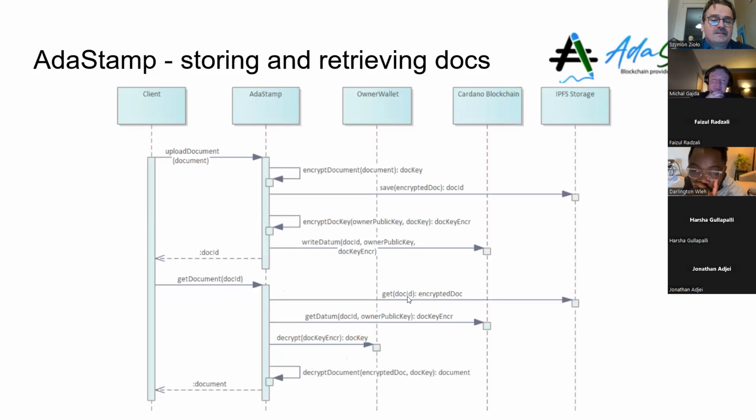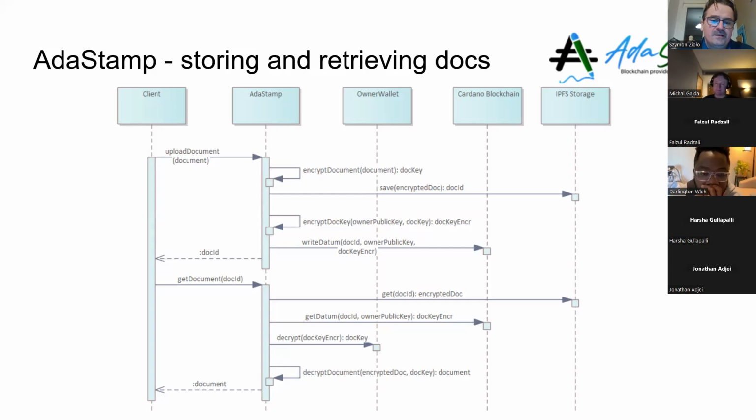This is the diagram that shows how the client software, because AdaStamp will be a library for developers, will upload the document and then get the document from the IPFS storage.